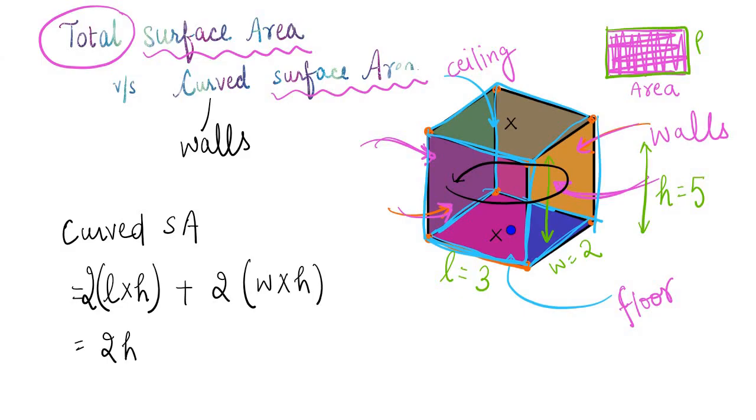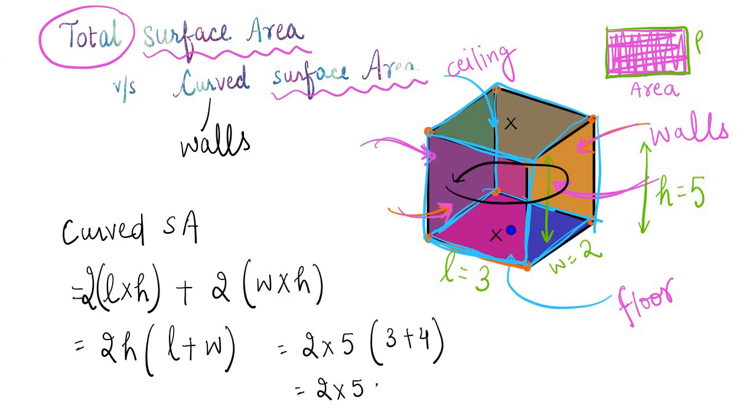So 2H is common, L plus B or L plus W is the curved surface area. So in this case, let's go for 2 times 5, 3 plus 4. So 2 times 5 times 12 means 120 meters square is the curved surface area.